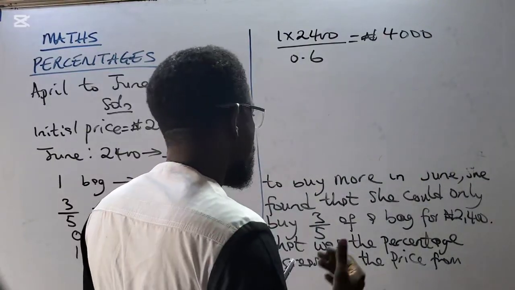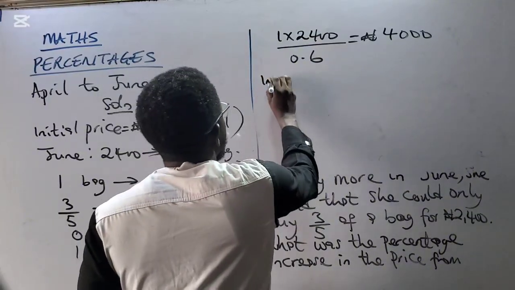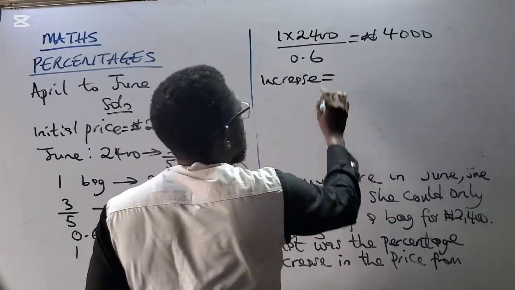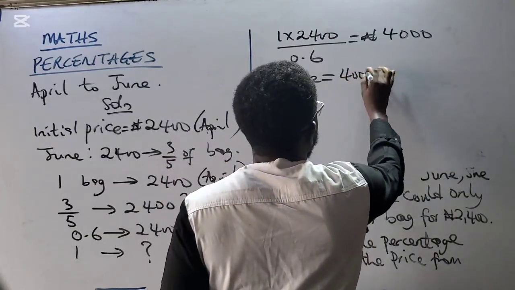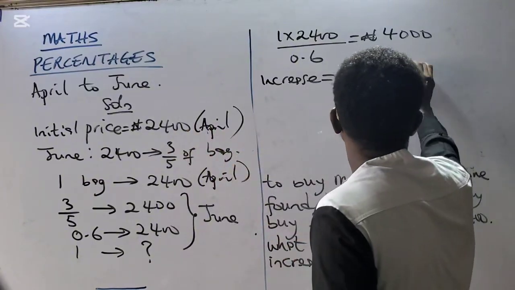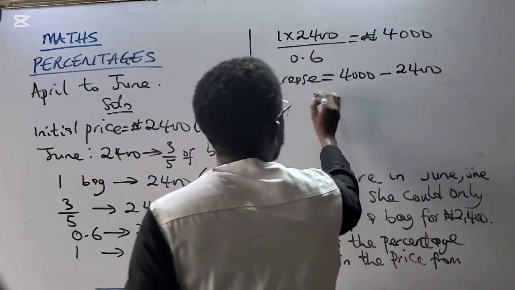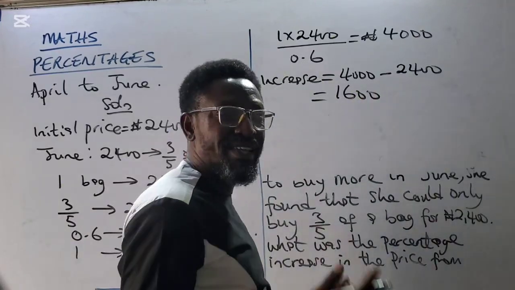So now we have to calculate the percentage increase. So first thing is the increase. Increase is the new price, 4,000, minus the initial price, which is 2,400. We subtract this and that equals 1,600. That is the increase.